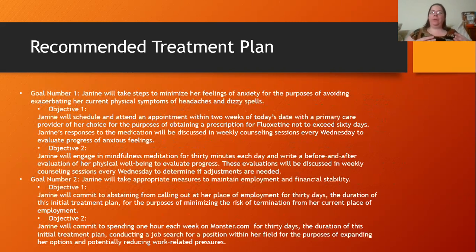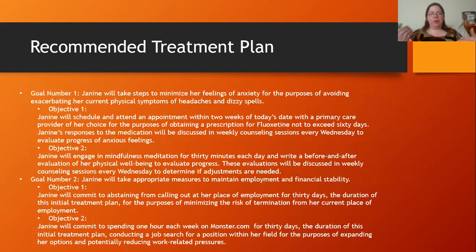But we also have to consider for Janine if maybe the factor contributing to some of the things going on with her is that she's in a position that might be too stressful as it is, or maybe too competitive. So bearing that in mind, we also have to present a bit of a backup plan or wider options.